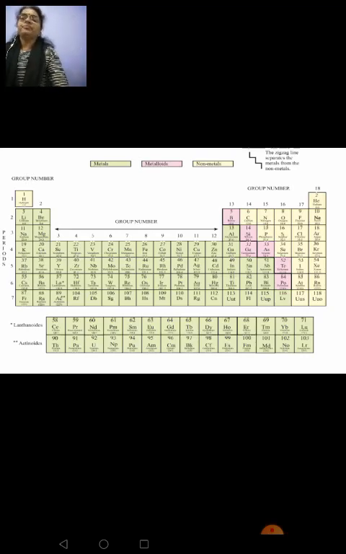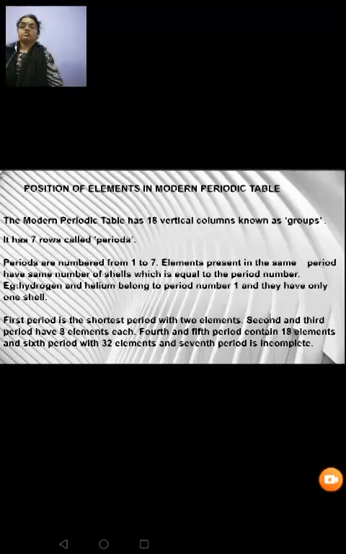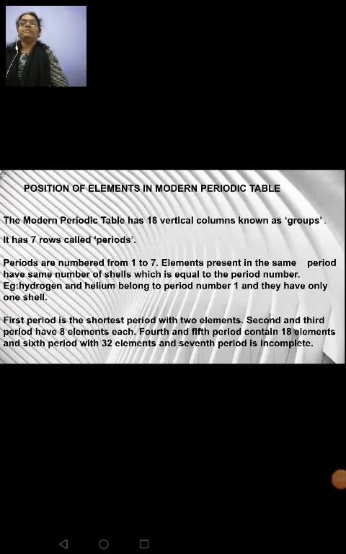Okay, so let's now learn about the position of elements in the modern periodic table. I said Mendeleev was the first person to come out with the concept of putting the elements under particular groups and periods. So Mendeleev's periodic table formed the base for the modern periodic table, which also has periods and groups.